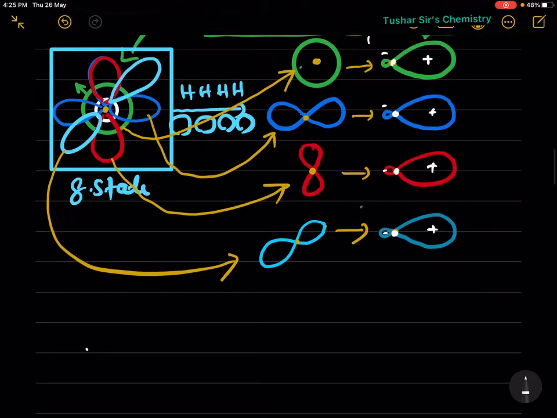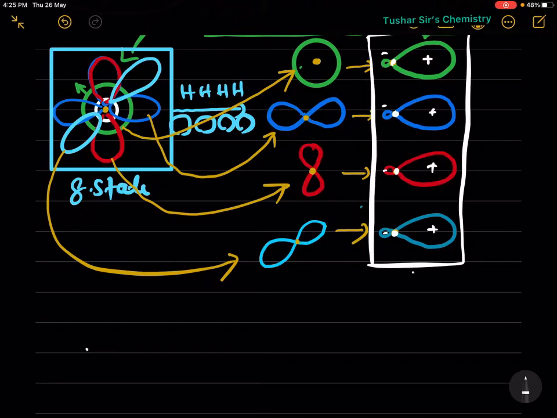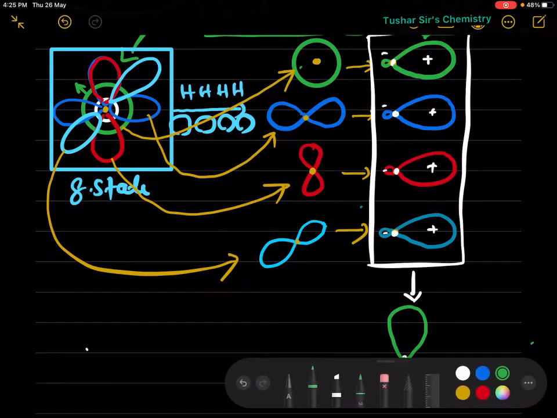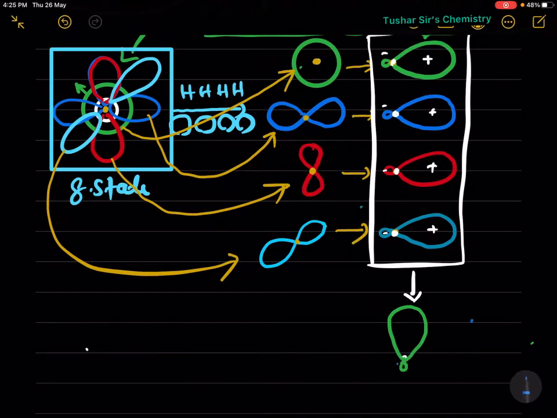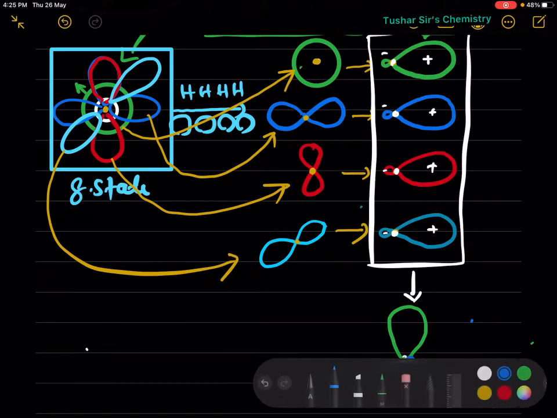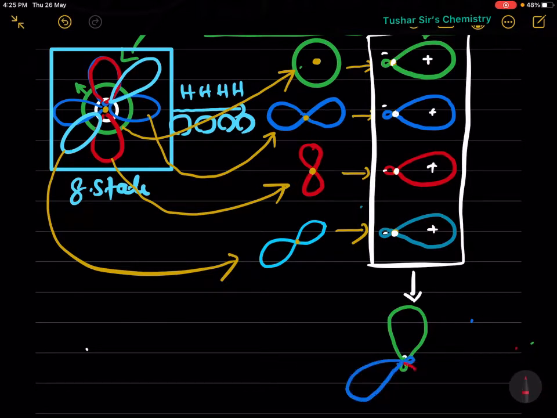So let me make a diagram like this. This is the nucleus. The green color will be like this, then the blue color one like this, then the red color one.